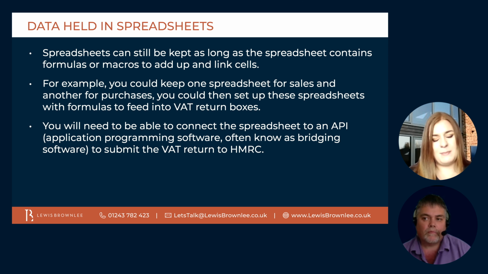So you could keep one spreadsheet for sales and one for purchases. You can then set these spreadsheets up with formulas to feed into the VAT return boxes. You will then be able to connect the spreadsheet to an API or bridging software to submit the VAT return to HMRC.